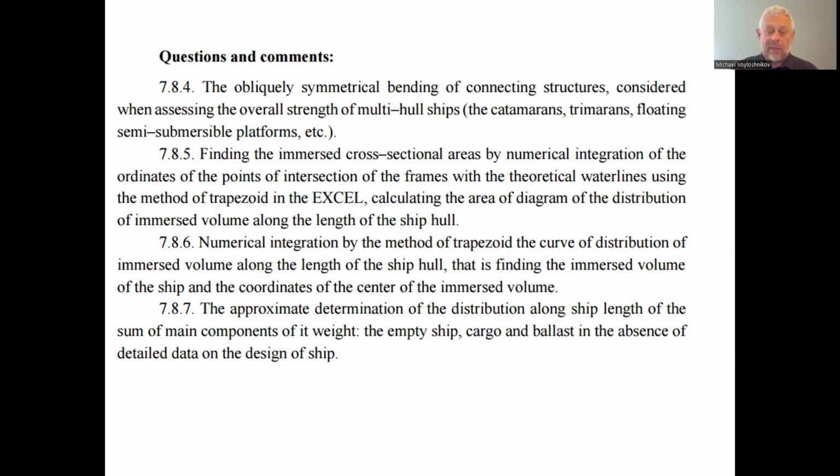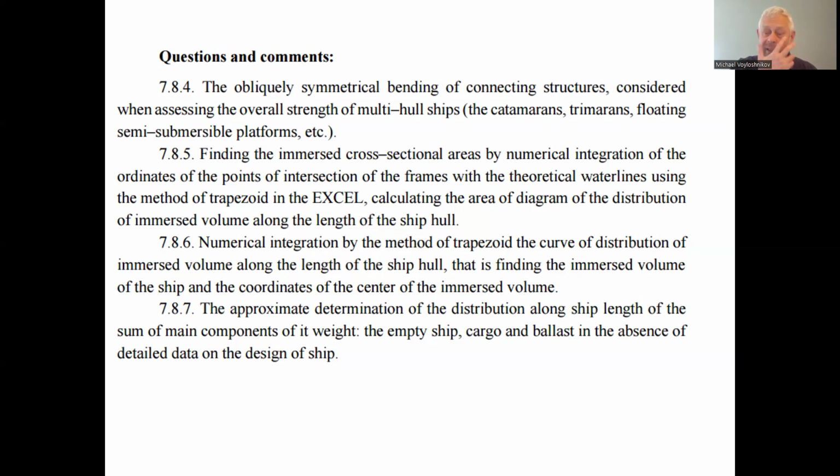We can find the submerged area of the ship transverse section. If we do this for all the transverse sections of the ship, we will have the distribution of the immersed cross-sectional areas of the ship.